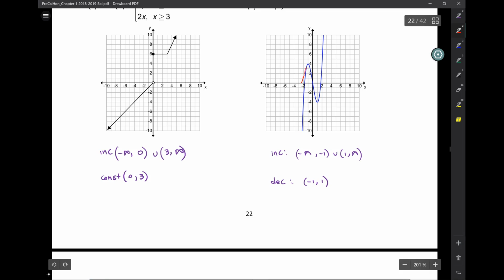This is increasing, increasing, increasing until x equals negative 1. And then at negative 1, it starts to decrease, decrease, decrease, right? There is a point here where it decides to turn around. That point where it changes from increasing to decreasing, the function creates a maximum for itself, a maximum value.